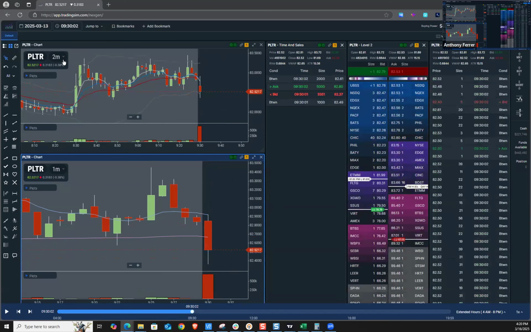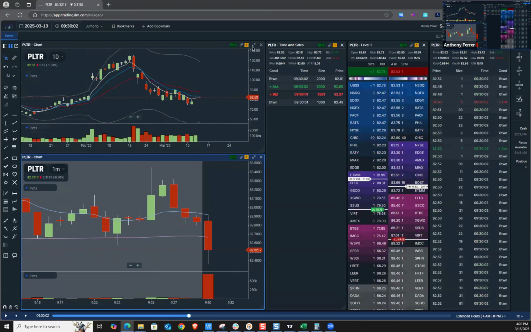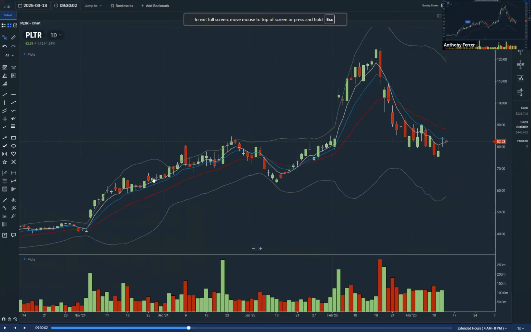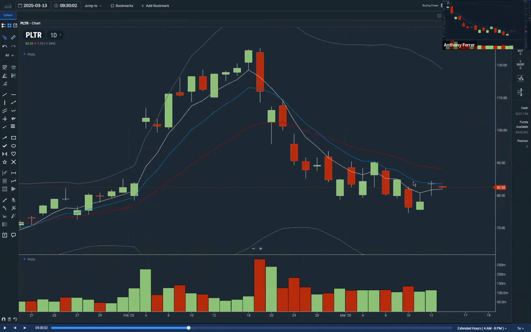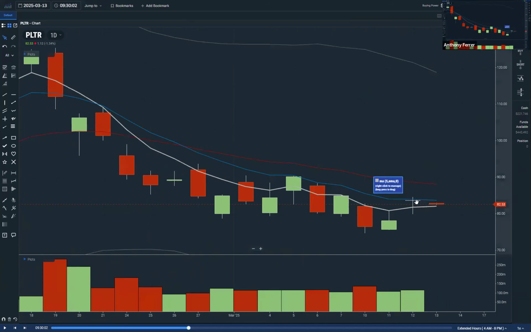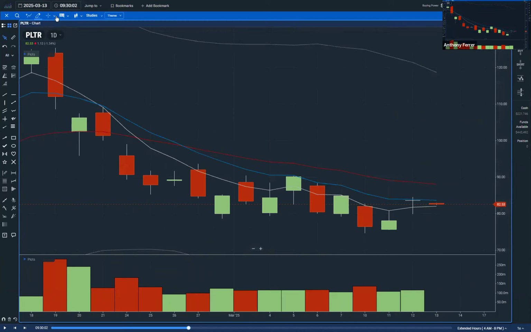Let's go to the daily first. Okay, daily on PLTR is this. It had a massive run up, then a pretty good little pullback. It's above this 80 area. Previous day low is at 80. Previous day high is like 84.50.